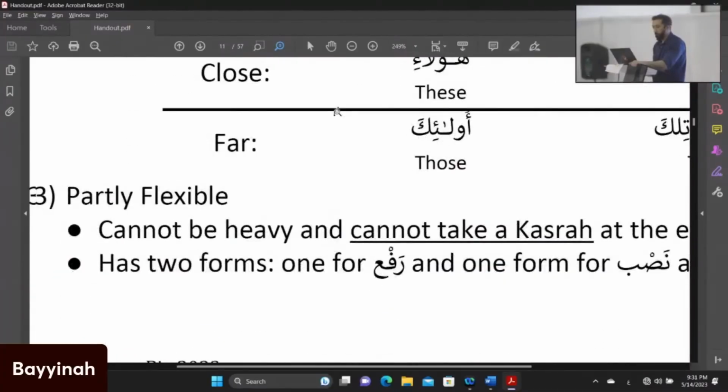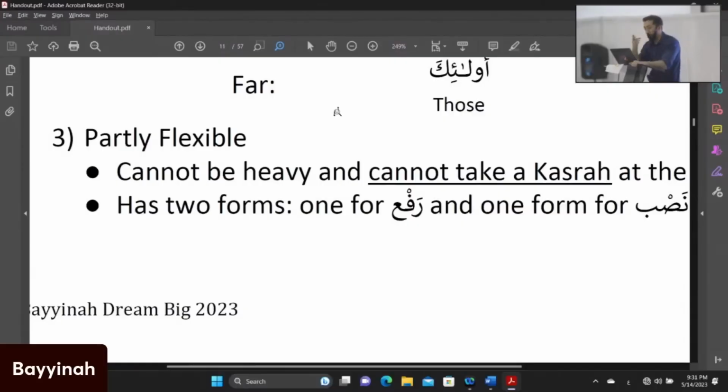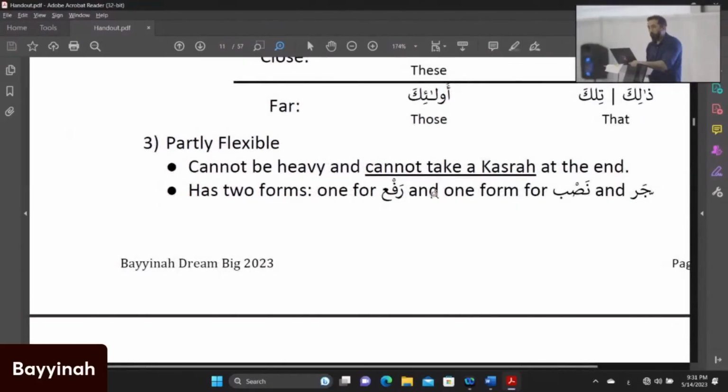We can go over to partly flexible. We'll come back and understand that in a couple of days. But for now, we can go to partly flexible. What's the first limitation on partly flexible? They cannot be heavy. And they cannot take a kasra. Kasra means what sound? E sound. They cannot take kasra at the end.